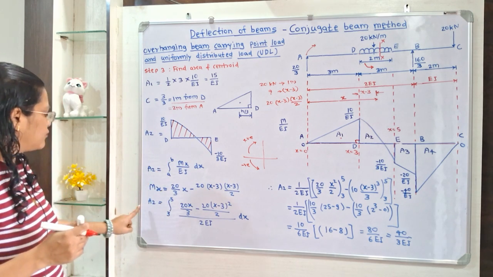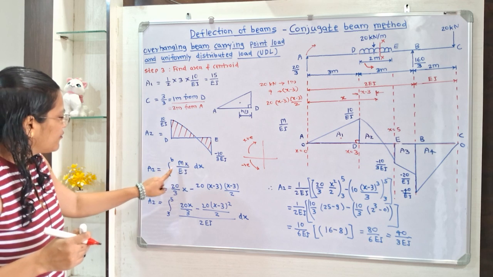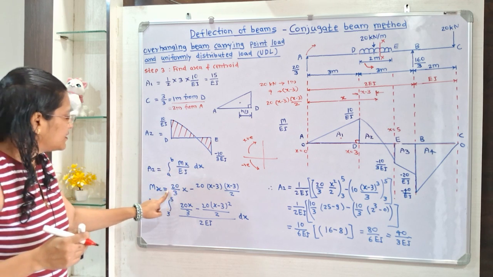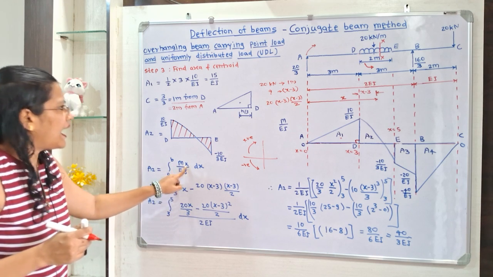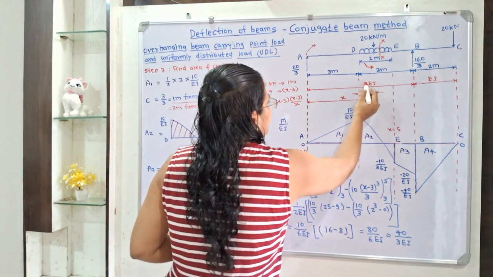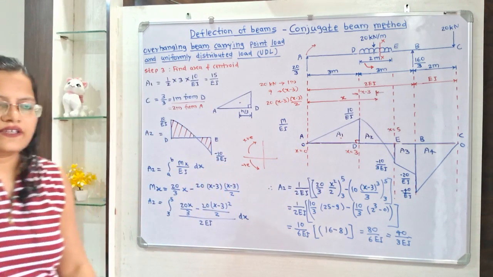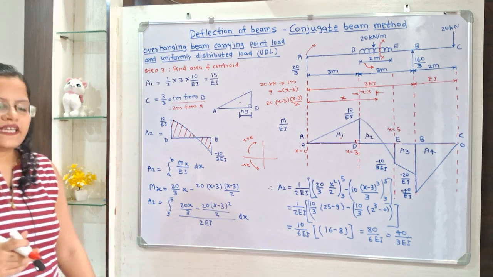Now we will put the values. So A2 is equal to the integration from 3 to 5 of this Mx divided by EI. Now EI, if we observe, for this section DE it is equal to 2 EI. So instead of EI we will write 2 EI, and here is dx.